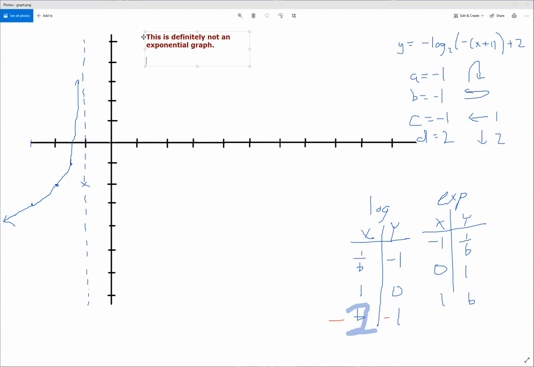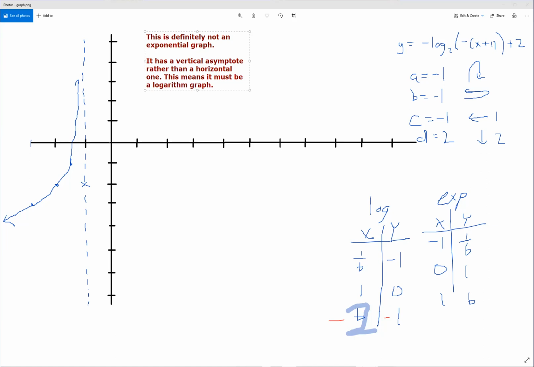It has nothing to do with the curve itself and everything to do with the other thing that we drew on the graph. I'm referring to the vertical asymptote. It has a vertical asymptote rather than a horizontal one. This means it must be a logarithm graph.